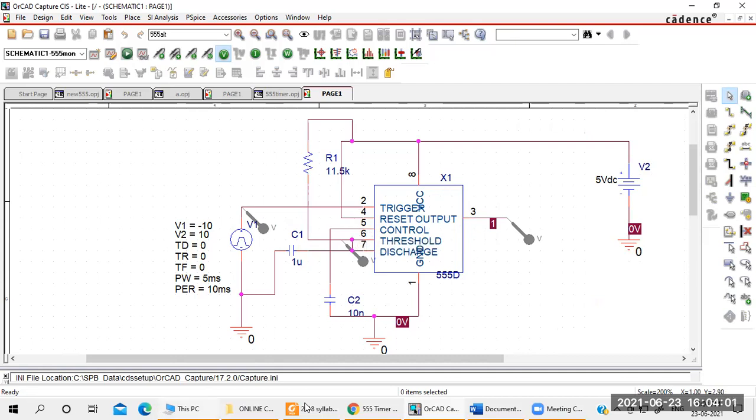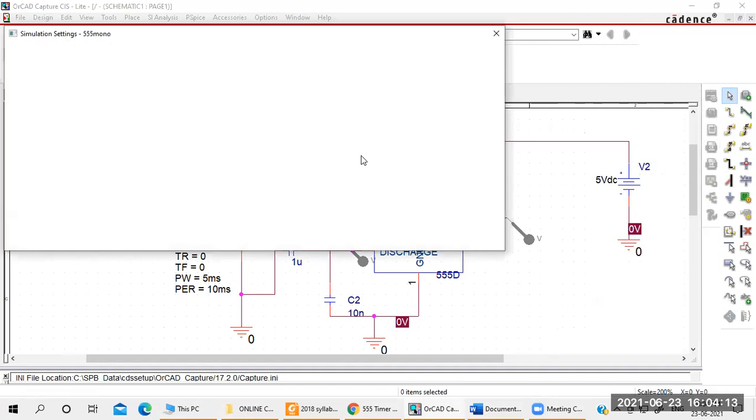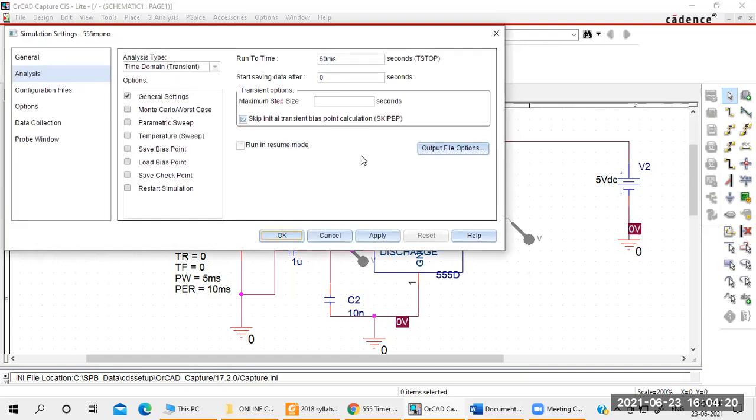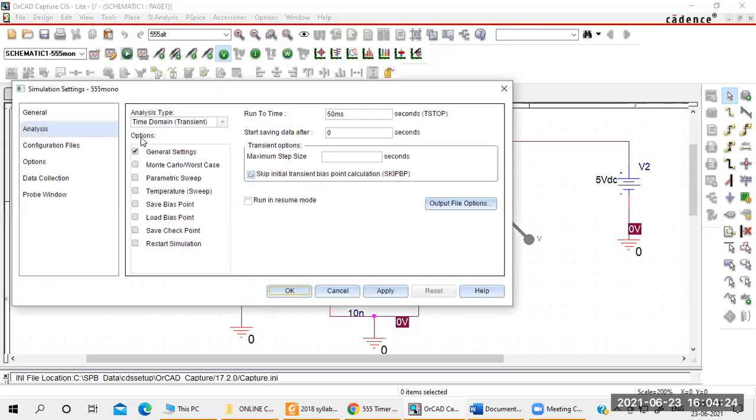Next, go to new simulation and give the parameters. Choose the analysis type as time domain. With the time domain analysis type, you can select the run time as 50 milliseconds and start saving data after 0 seconds.